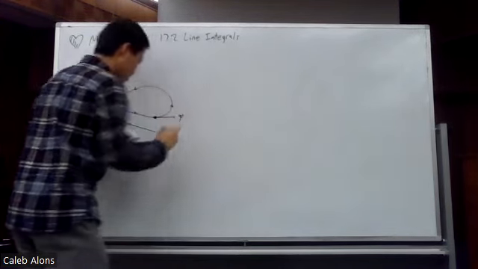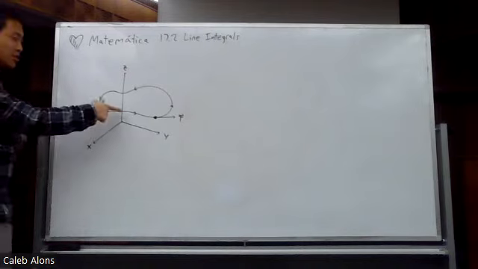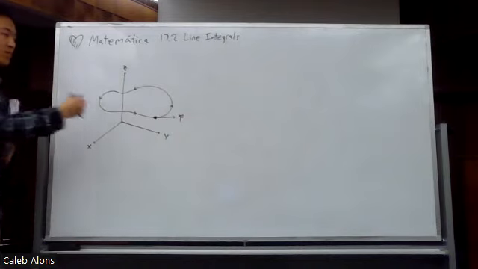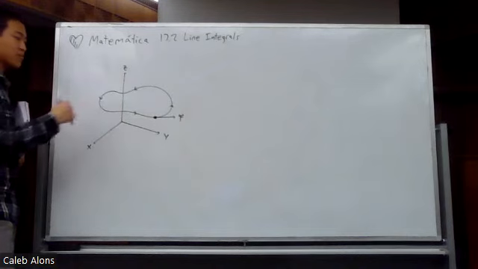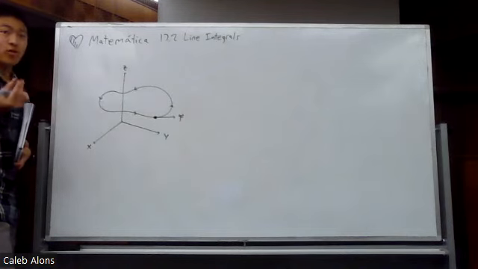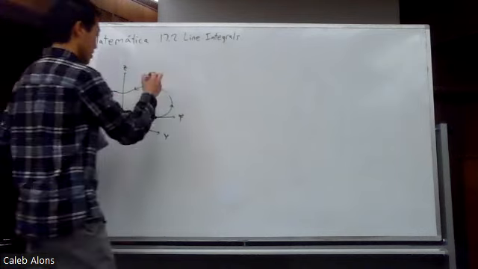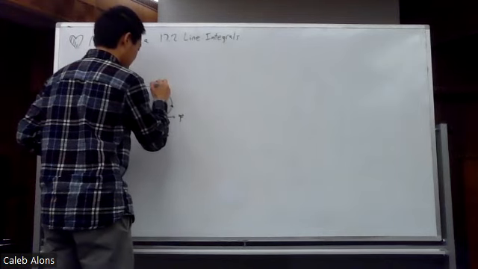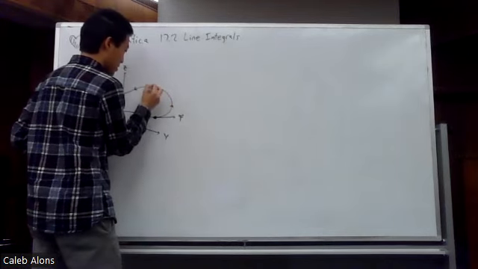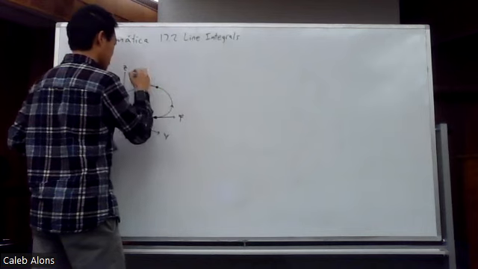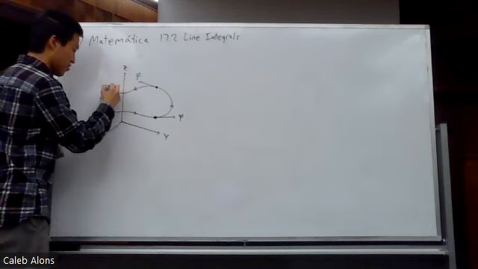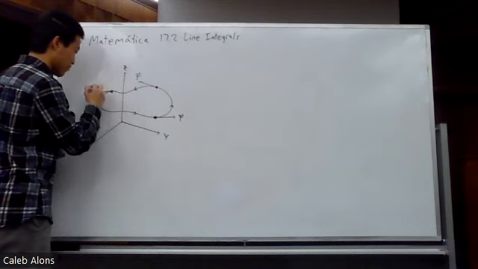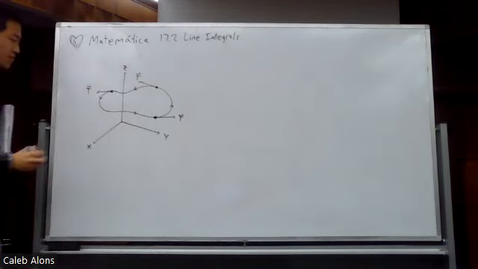And notice that the unit tangent vector always points in the same direction as the orientation. So I would not have the unit tangent opposing the direction of the curve's orientation. That's what it means to be oriented, okay? That's a very, very layman's way to describe it, but it's sufficient. So at every single point around here, I'm only drawing a few, for example, so you can get a visual for this.